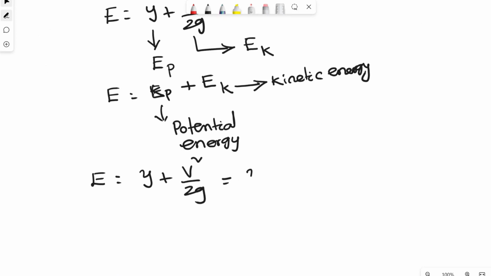If I take E is equal to y plus V squared by 2g, I can write it as y plus, V squared is equal to Q squared by A squared, into 2g. Right? Can I write like that? So Q squared by A squared 2g.